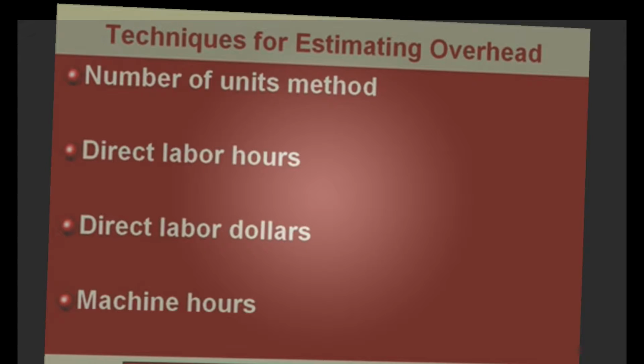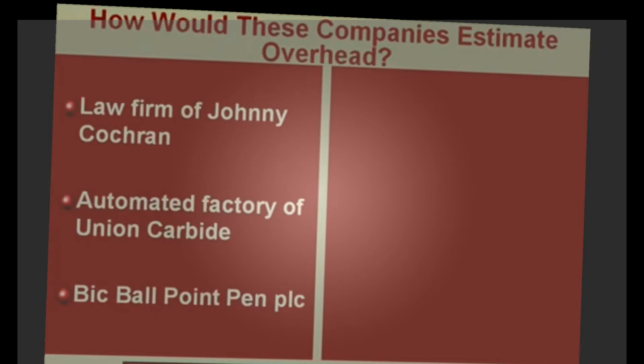I'm going to put up some examples for you right now. Think about this and fill in the blanks. For each, tell me how you think the respective companies would estimate overhead. Stop this presentation for a few minutes and fill in the blanks.